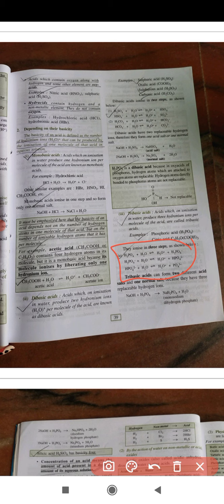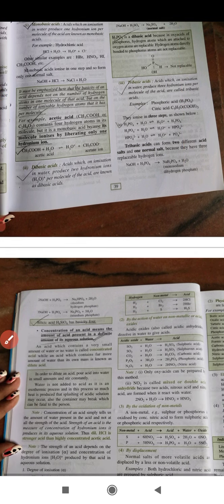You can see the first replaceable hydrogen, then the second, then the third. When three hydrogens are replaced, it will form PO4 3 minus. With one less, that's HPO4 2 minus. With the one above, that's H2PO4 minus. These three types of dissociation happen as it is a tribasic acid. So here it is.